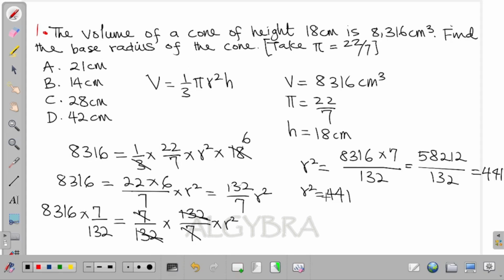To find the value of r, we take the square root of both sides. The square root of r squared is just r, and the square root of 441 is 21. So our radius is equal to 21 centimeters. Therefore, option A is the correct answer out of all the options.